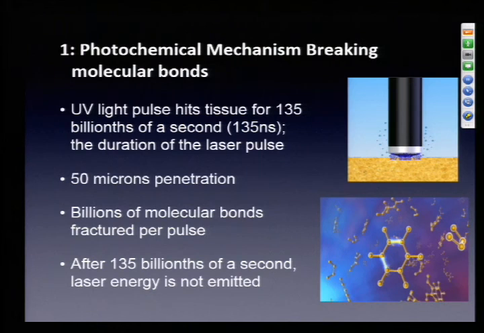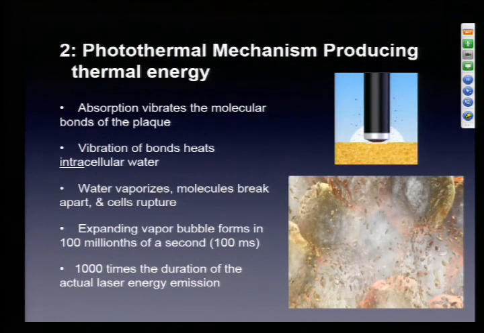As we do this, it breaks the molecular bonds. But after the energy is emitted and the laser is turned off because it's pulsing, there's really no more of this photochemical mechanism.